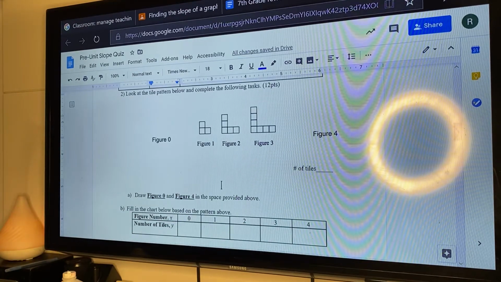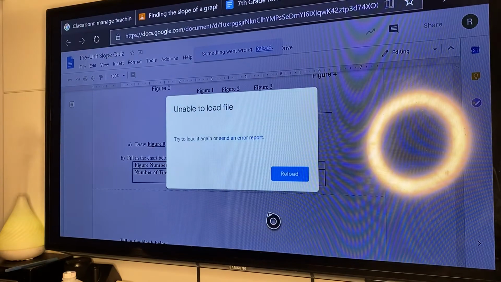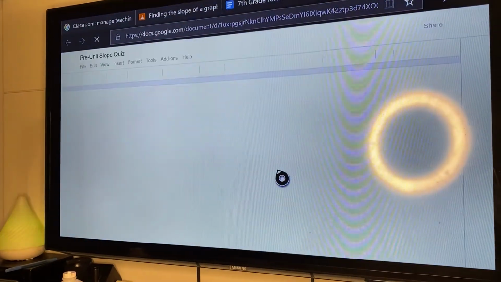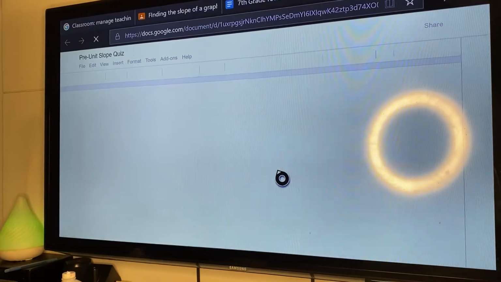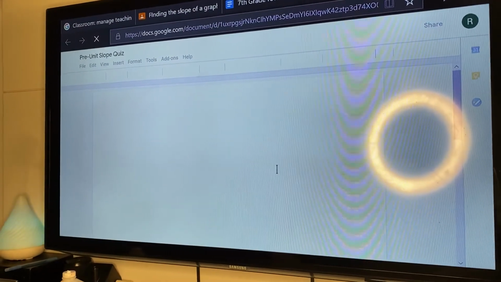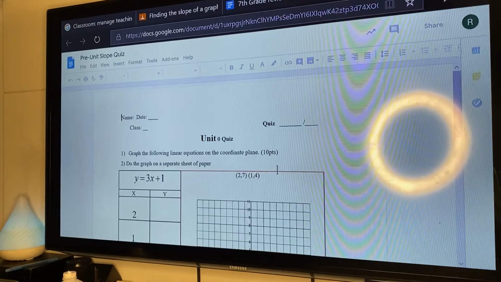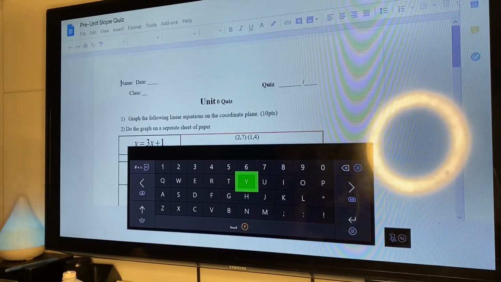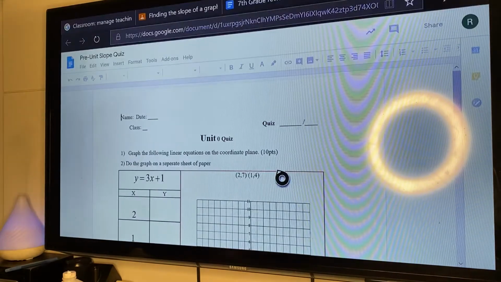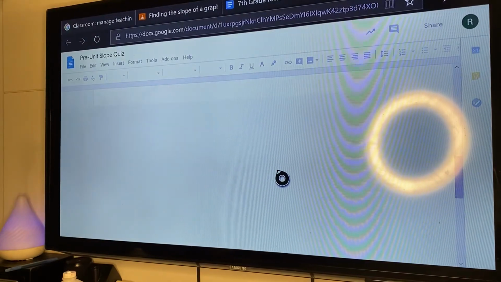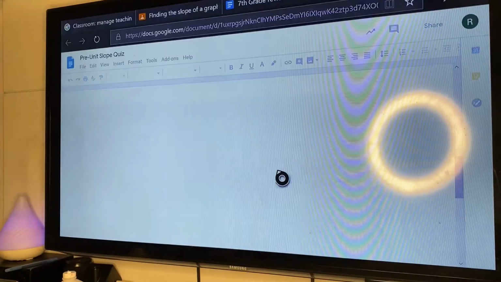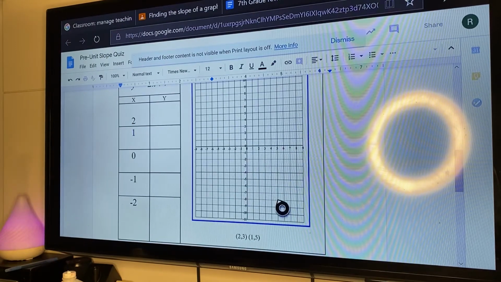Now here, it's reloading. Oh boy, how long did it finish? Still loading.